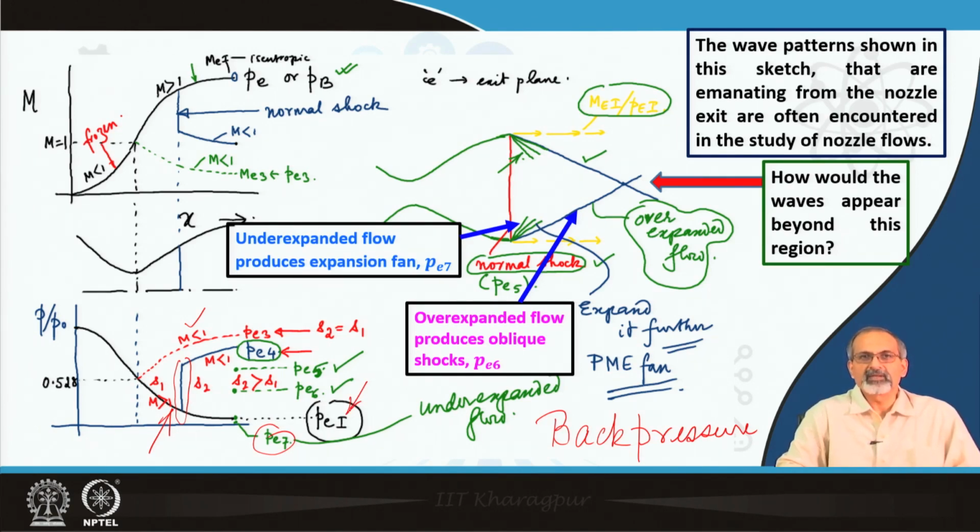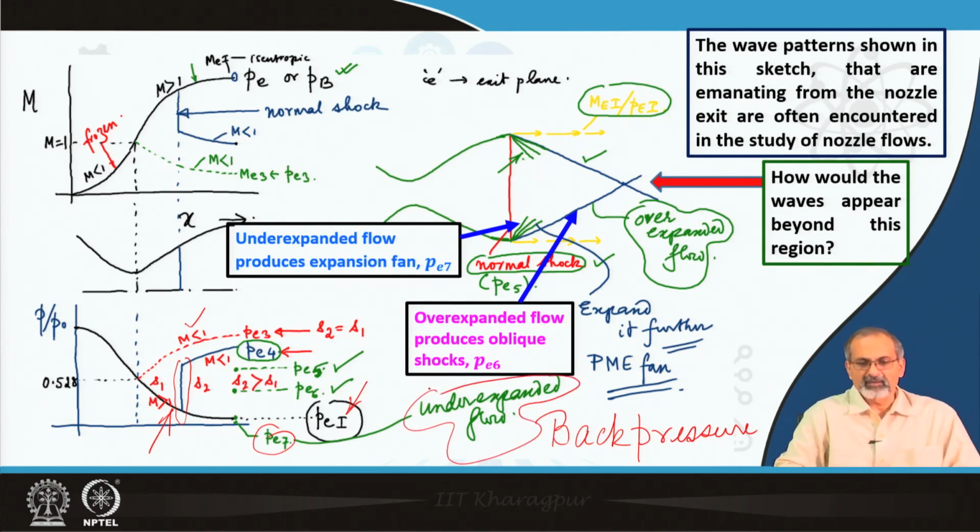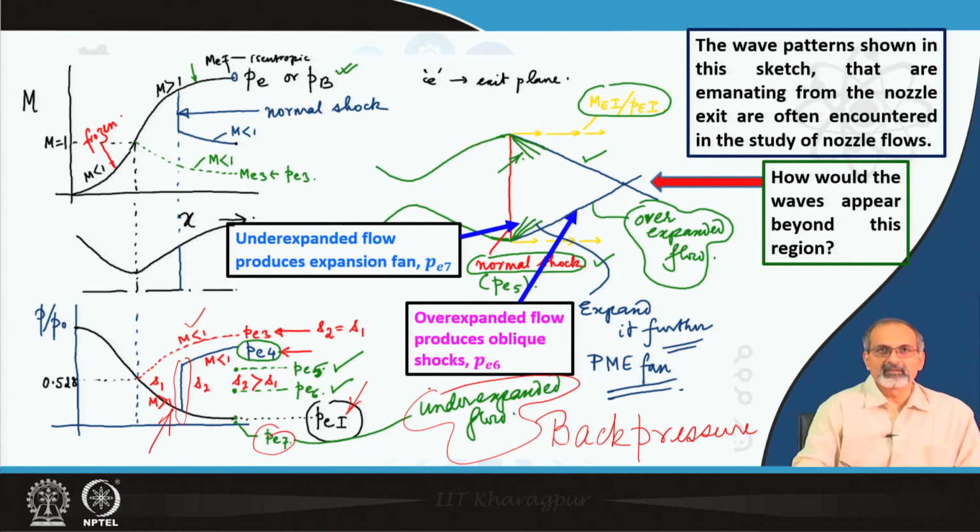That means the exit plane pressure and the back pressure are identical, and underexpanded flow would mean that you have a situation where the back pressure is even lower than the pressure you have at the exit plane, and therefore there is prospect for further expansion of the flow.